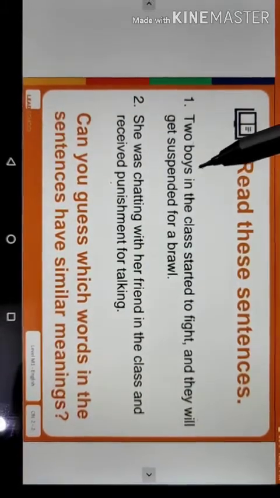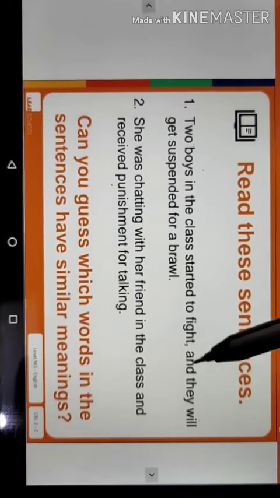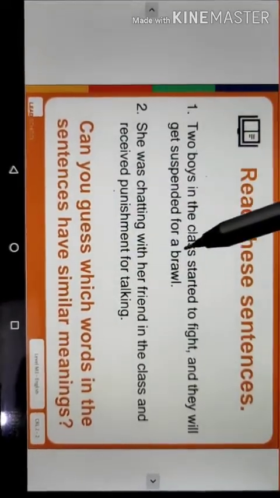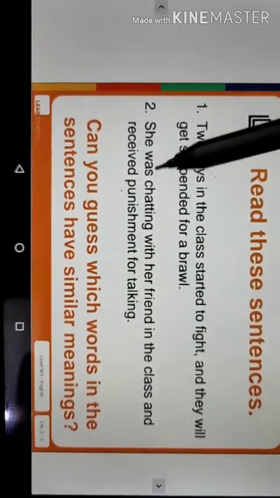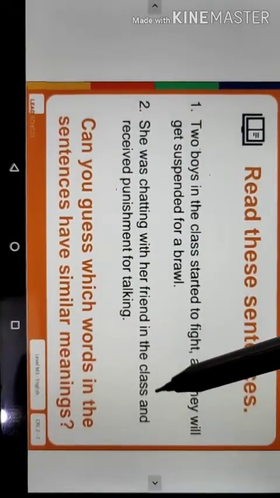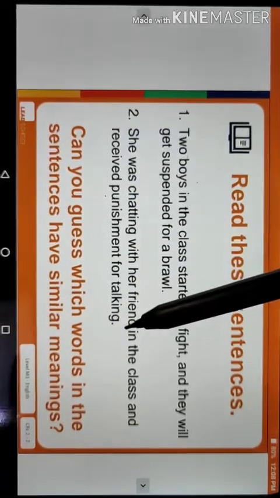Two boys in the class started to fight and they will get suspended for a brawl. The second sentence is, she was chatting with her friend in the class and received punishment for talking.